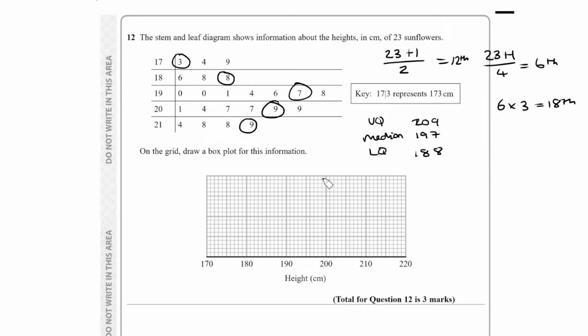So once you've got that, it's just drawing it basically, isn't it? That's kind of the easy bit. Be careful with the scale. This one's quite a nice scale, but sometimes they are a little bit harder. So 173. Hopefully yours will look nicer than mine will end up looking. 188. It doesn't matter how tall you make the box plot, by the way, as long as it looks like a box plot. 197, 209, and then 219.